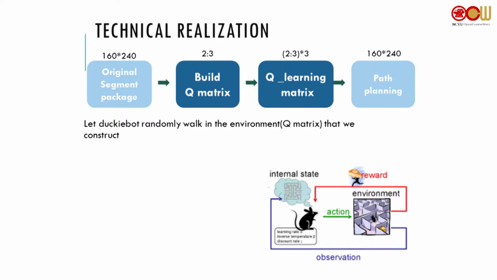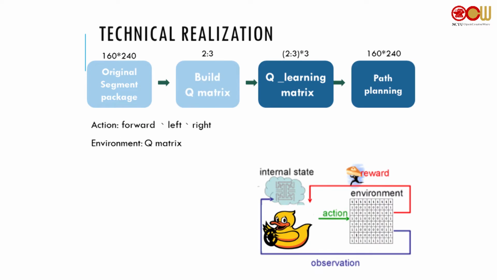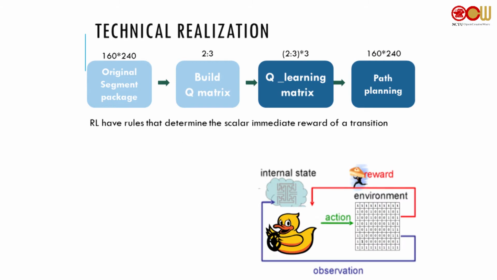So we have action, we have environment, and we have rewards and observation, so we can get the optimal option we want. We have three actions: moving forward, turn left, and turn right. By these three actions, we let the document run in this environment, and it will avoid the noise and find the best path to let the document work.